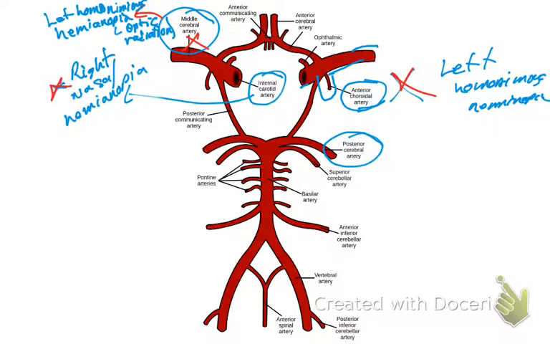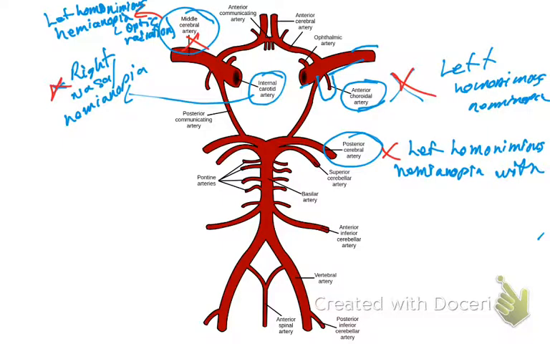So a lesion of this one can cause left homonymous hemianopia with a macular sparing. Why with the macular sparing? Because the middle cerebral artery is going to supply that one, okay?